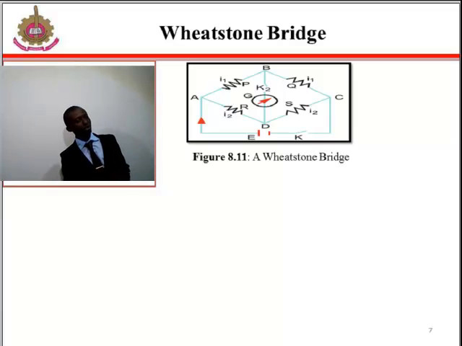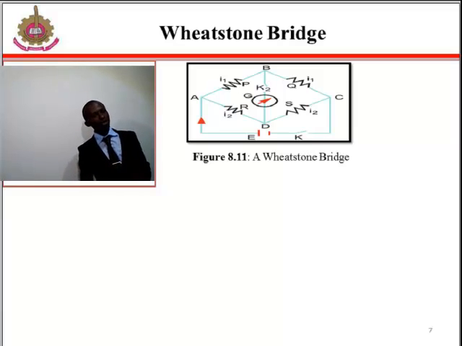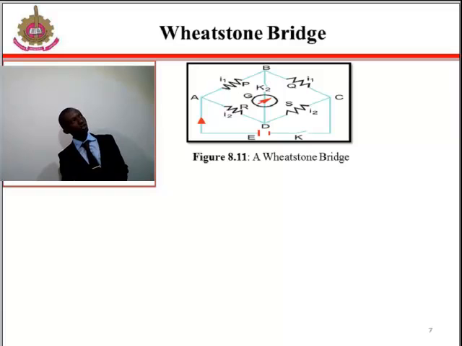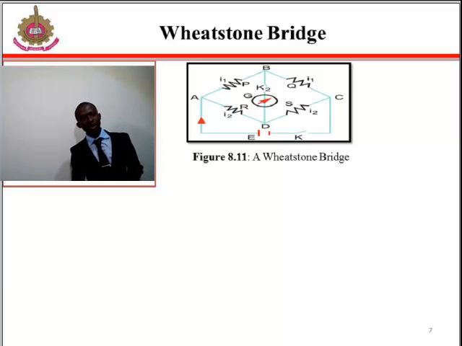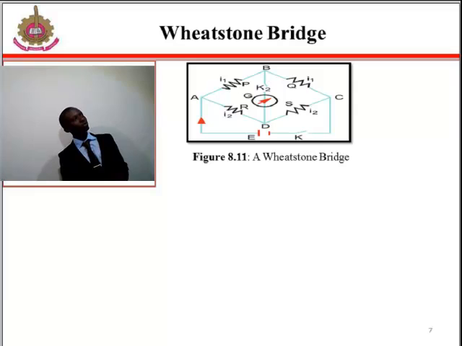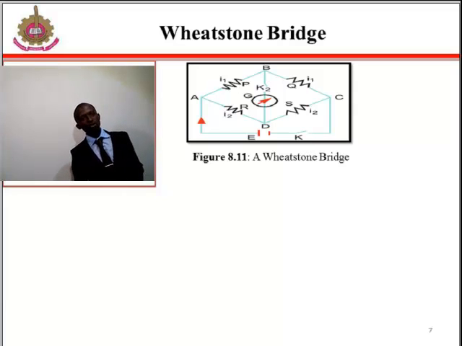A Wheatstone bridge consists of a network of 4 resistors P, Q, R, and S, as well as the battery E and galvanometer G, as shown in figure 6.11. Of the 4 resistors, P, R, and S are known, whose values are adjustable, while Q is unknown.